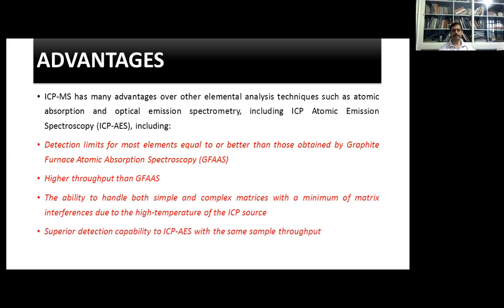Superior detection capability to ICP AES with the same sample throughput. That is, the sample throughput screening will be similar to ICP AES, where more number of elements can be screened. With the same sample throughput, superior detection capability can be expected here. Then, as I already mentioned, the ability to obtain isotopic speciation or isotopic information.